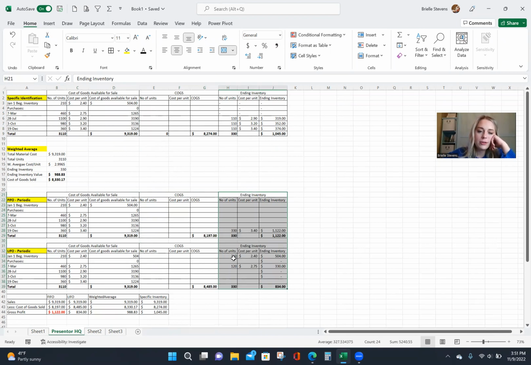Figure out what's left by which amounts. The only time you really have to do breakup math is for specific identification, where it tells us there's 110 units sold at specific prices, and in last in, first out, because the ending inventory amount of 330 units needed to be broken out between the two purchases.